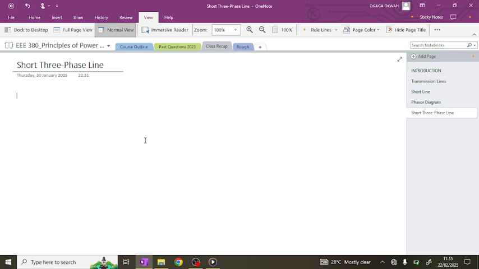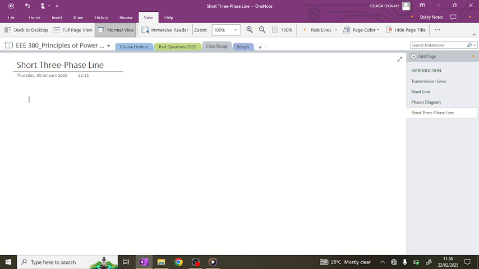We'll calculate as if we are given a problem to solve with a short three-phase line. We are going to solve for one line, and then when we get our solution, we bring it back to the three-phase line.